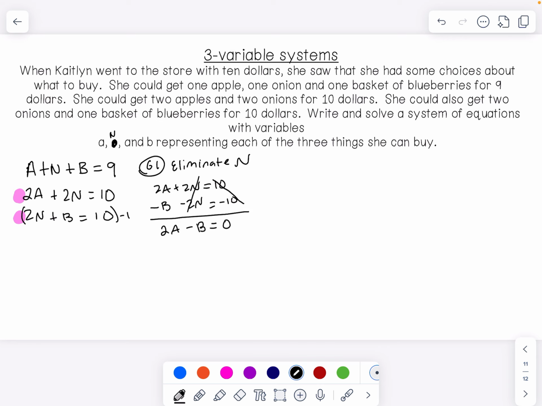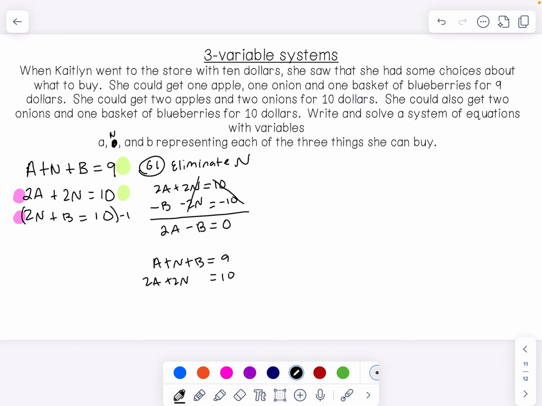All right, so now that I've used two equations to eliminate N, I have to bring in the third equation somehow. I could choose either the middle one or the bottom one. It does not matter here. I personally am going to choose the middle one, but once again, it would not matter if you chose the other one. So I'm going to have A plus N plus B equals 9, and 2A plus 2N equals 10.